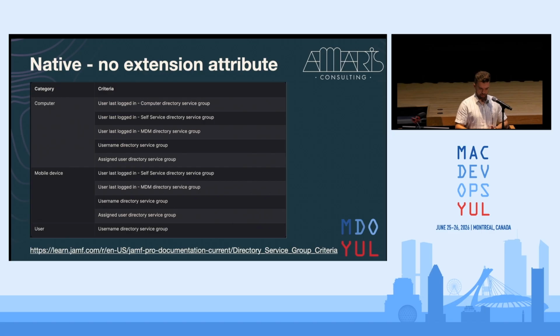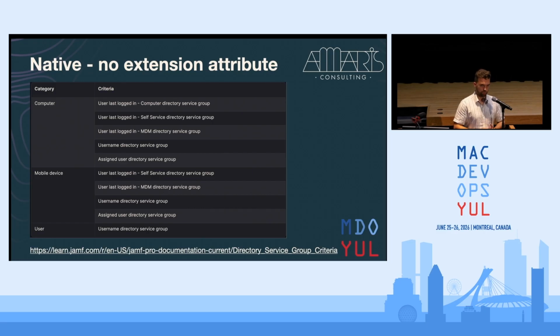So even if there's no user object ID from the directory, it's just going to look at whatever text is in that username field, and that's what it will take as the username. Assigned user directory service group is pretty similar, but this one does require that there is actually a user object ID that exists.